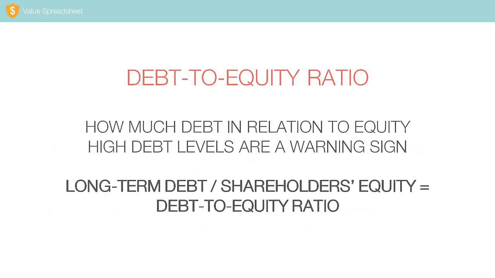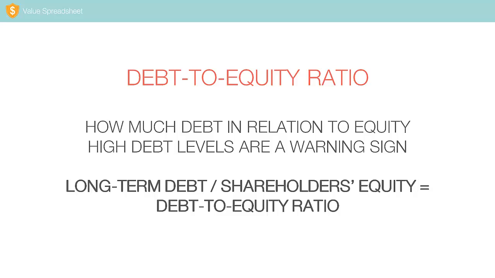The next ratio also uses shareholders' equity, but combines it with the amount of long-term debt a company has reported on its balance sheet. If we divide total long-term debt by shareholders' equity, we get the so-called debt-to-equity ratio. This ratio indicates how much debt a company has in relation to equity.